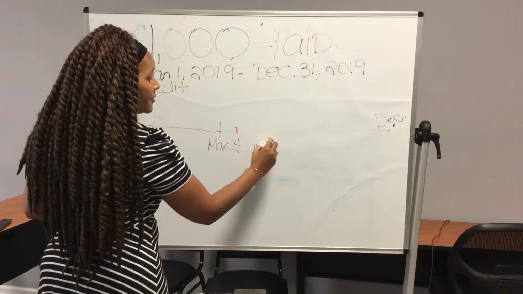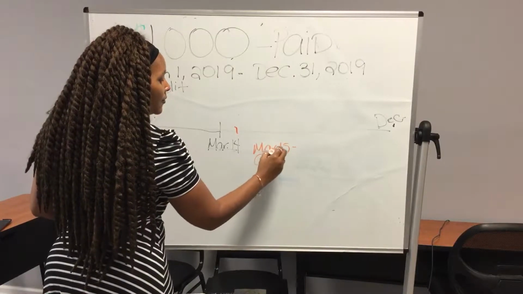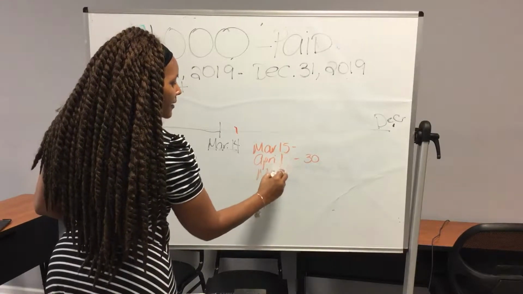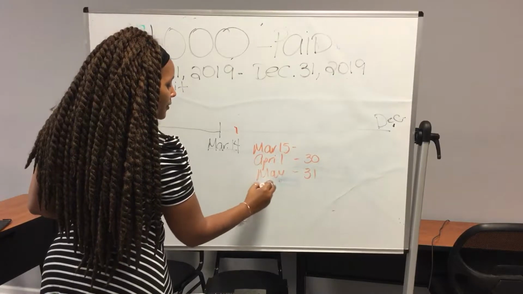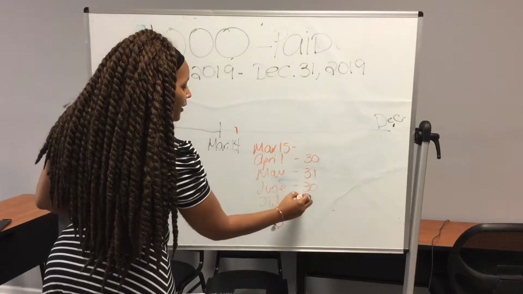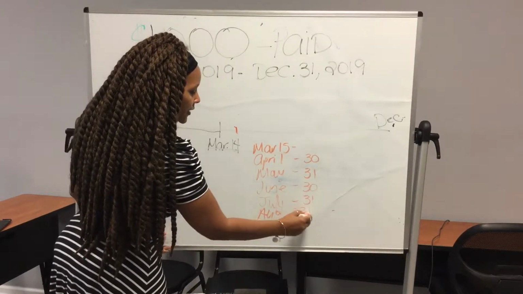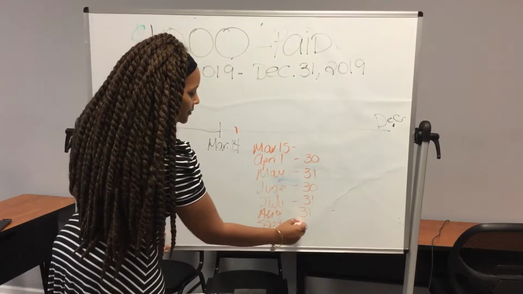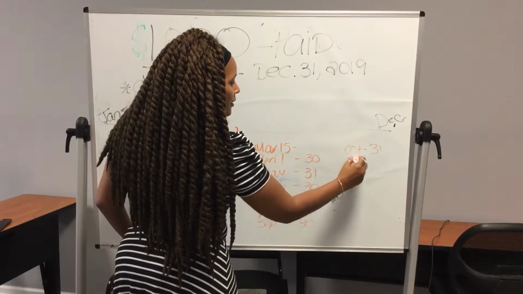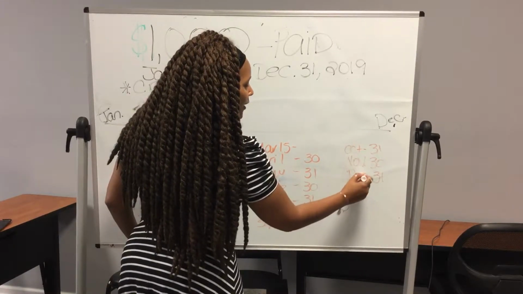So March the 15th, we have March, we have April, we have 30 days in April, we have May, 31 days in May, June, we have 30 days in June, July, we have 31 days, August, 31 days, September, 30 days, October, 31 days, November, 30 days, December, 31 days.